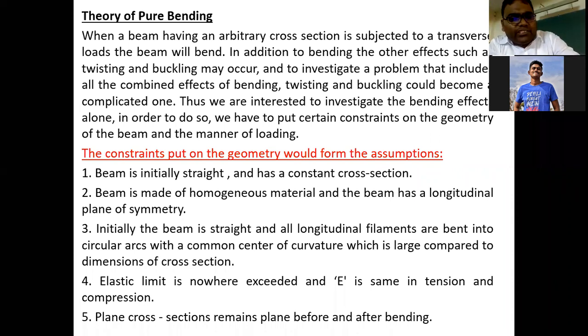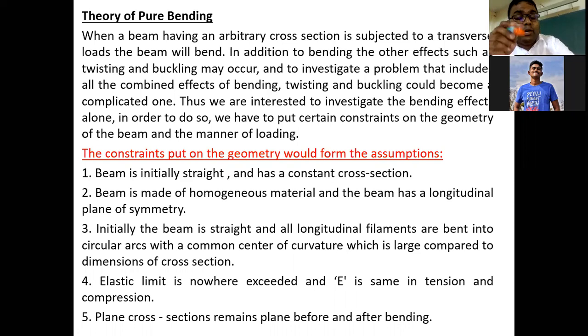To investigate a problem that includes the combined effect of bending, twisting and buckling could become complicated. If loads are applied at different places on this beam, different kinds of stresses develop in terms of twisting, buckling and bending.